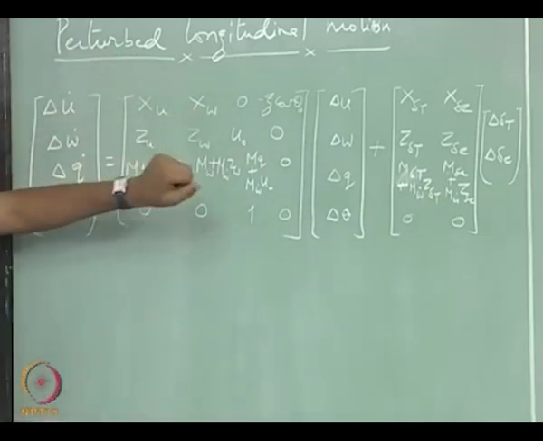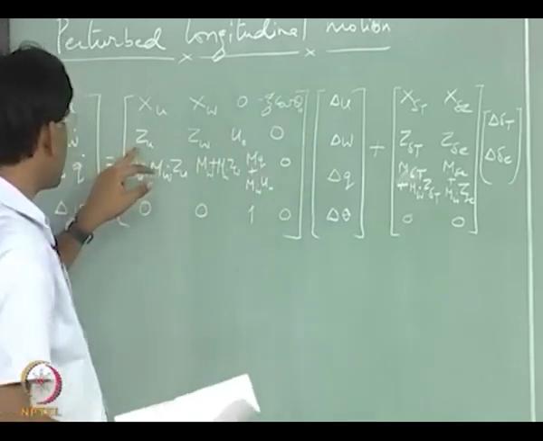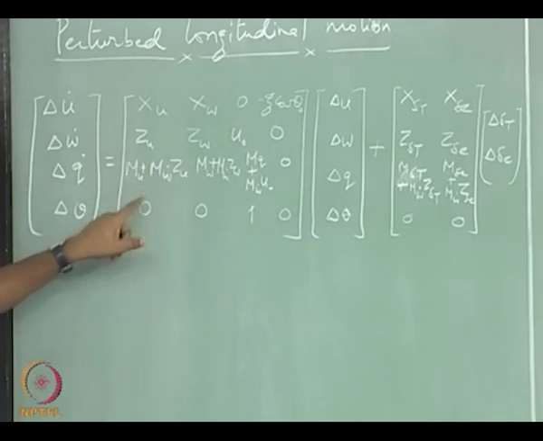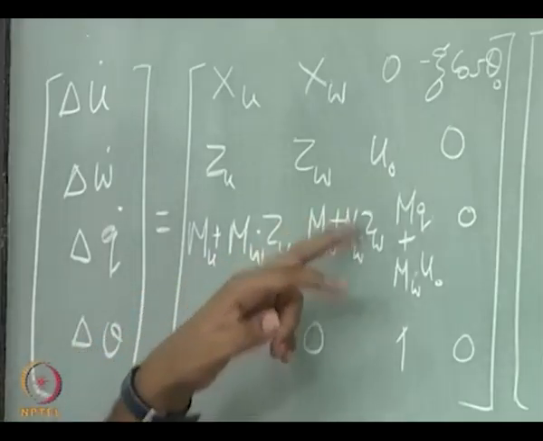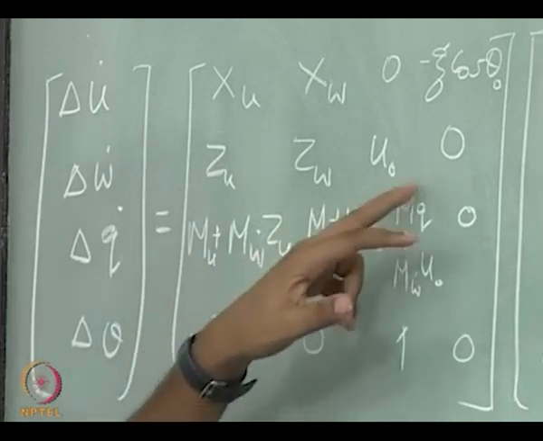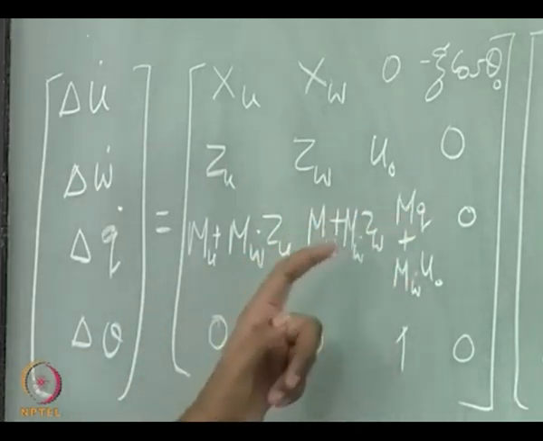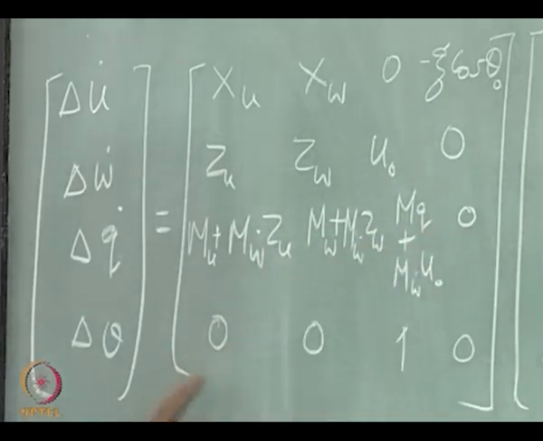X u, X w, 0, minus g cos of theta naught, Z u, Z w, u naught, 0, M u plus M w dot Z u, M w plus M w dot Z w, and the third term in this row is M q plus M w dot u naught, 0, 0, 0, 1, 0. Okay.